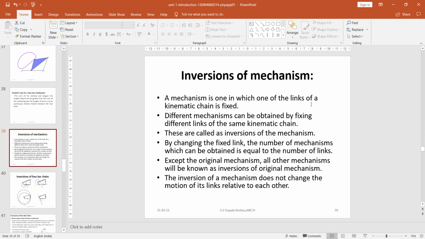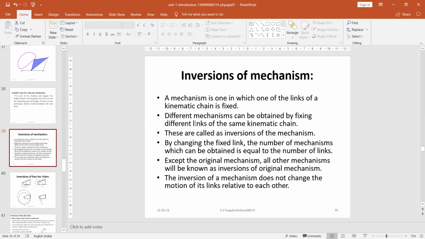So simply to say, that is also one of the definitions regarding the mechanism. In this, one fixed link is definitely required. When we change the fixed link in our particular mechanism, we may achieve new mechanisms.